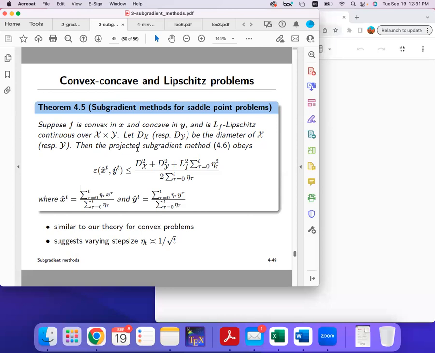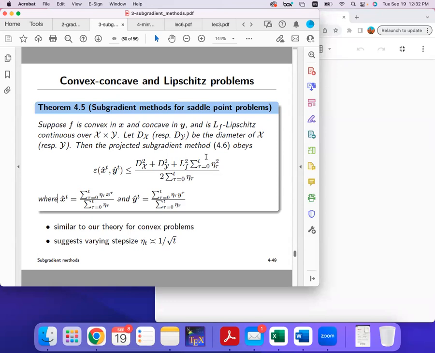So you run this projective subgradient descent, and you will have a sequence of x's and y's in the t iterations, and then you average them using this weighted average, with the coefficients given by the step size. Their average gives us x hat t and y hat t. And the result says that the duality gap at these two weighted average points is bounded by the right-hand side.